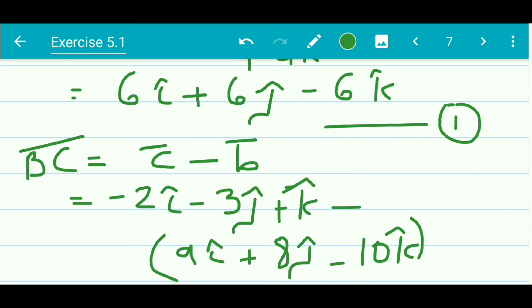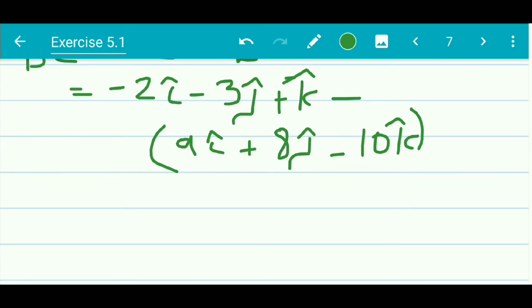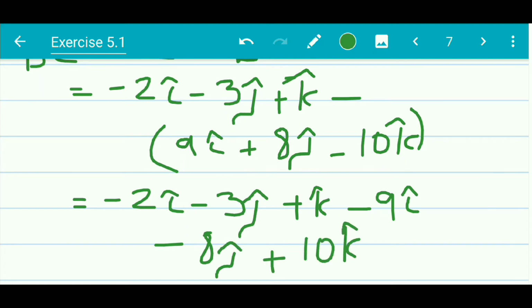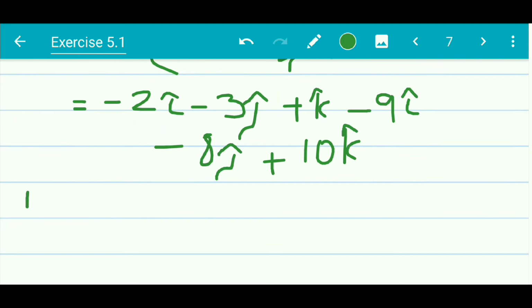The same procedure: we open the bracket, change the sign, and we simplify further.